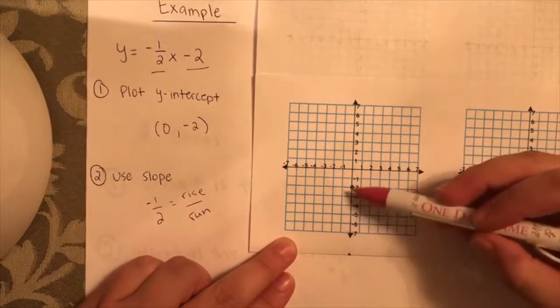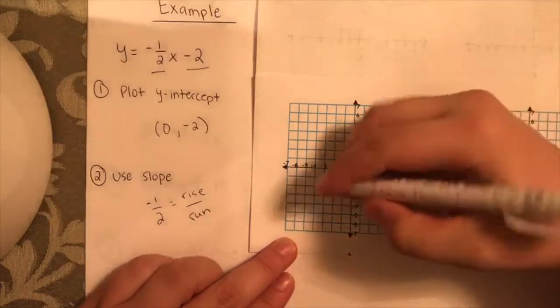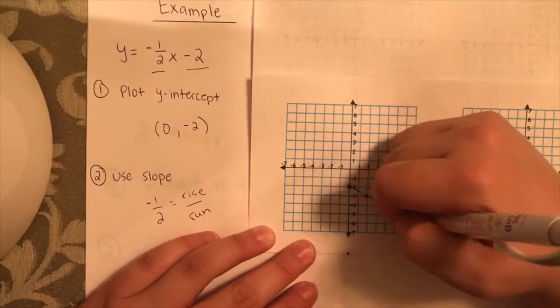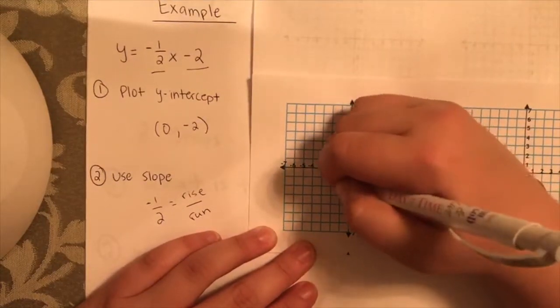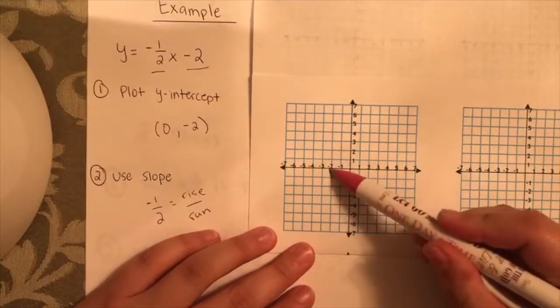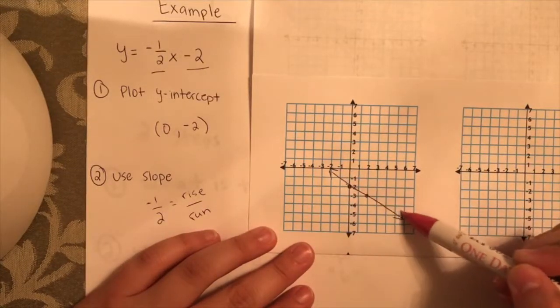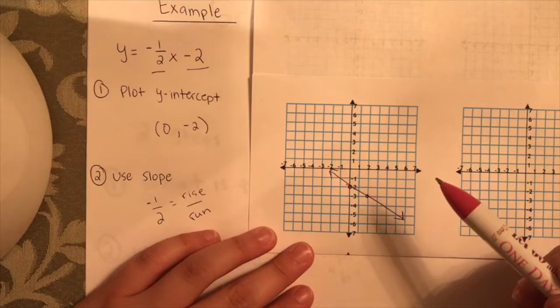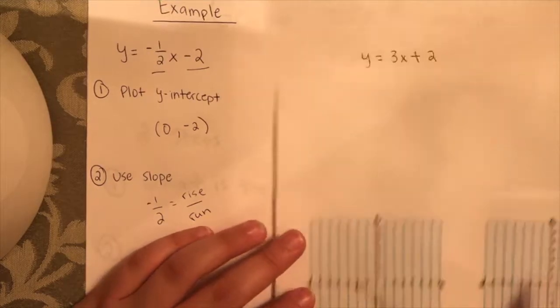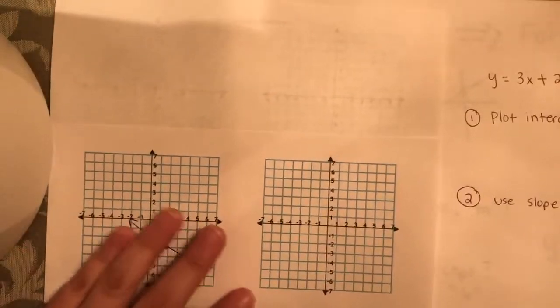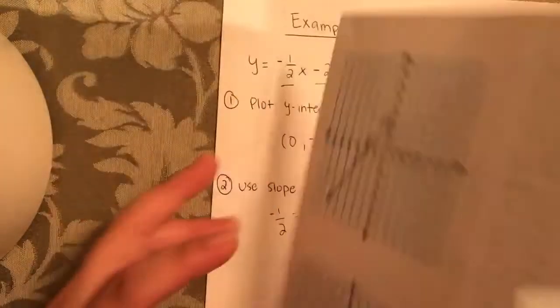Okay, so we went down 1, over 2. And then you connect them. Double checking that we have a negative slope, right? So if we had a ball here, you push it down, it's negative. And the last example, switch it over here, make sure you can see that. Let me fold this real quick.